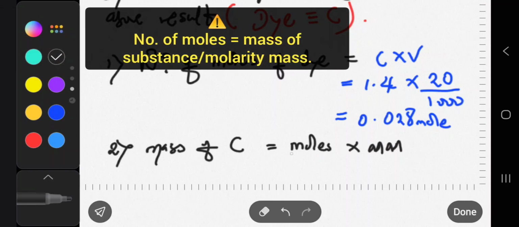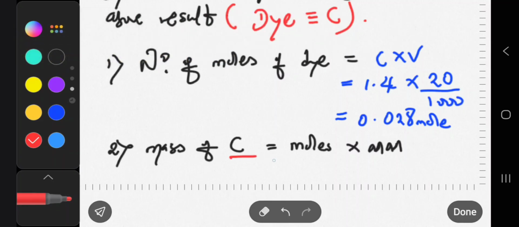Number of moles equals mass over molar mass. So if you make the mass of the substance, which is carbon, typically found in dye, the subject, you're going to have moles times molar mass. Your moles is this value.